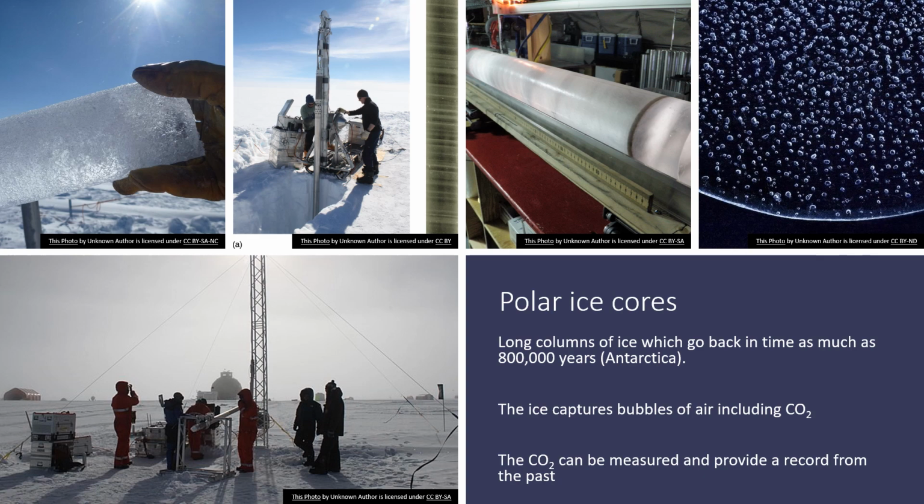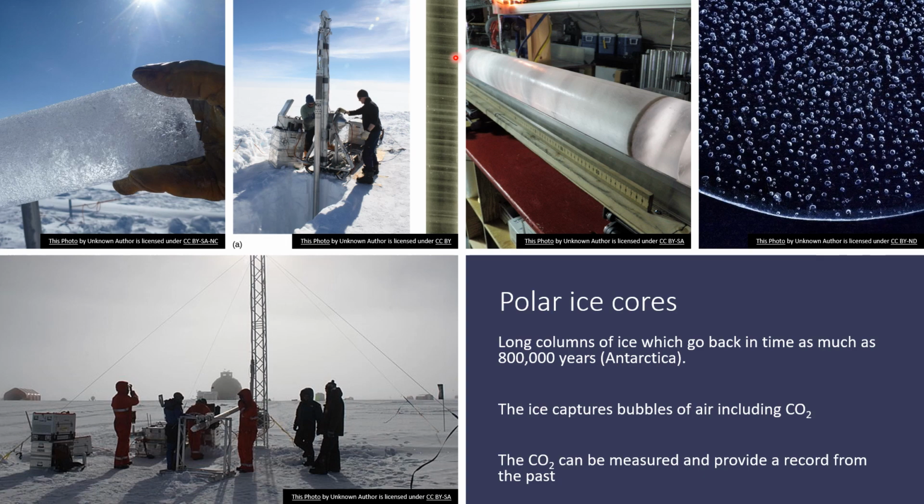We've got some images here of ice cores being extracted, fairly shallow ones in this case. So we've got a drilling rig and people working on the ice in Greenland. And here we have another drilling rig. This is a cylinder that pushes down into the ice, some hundreds of meters, and extracts these circles called cores of ice. And if you go deeper and deeper, they get older and older.